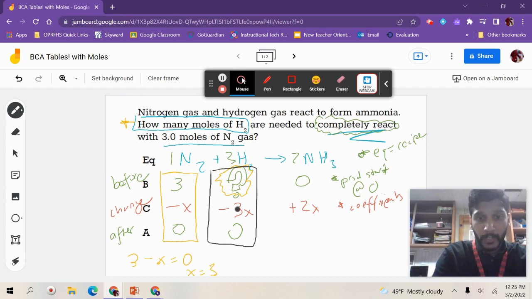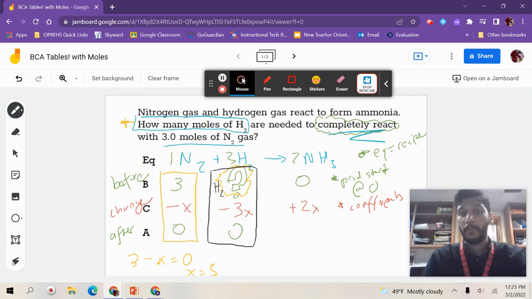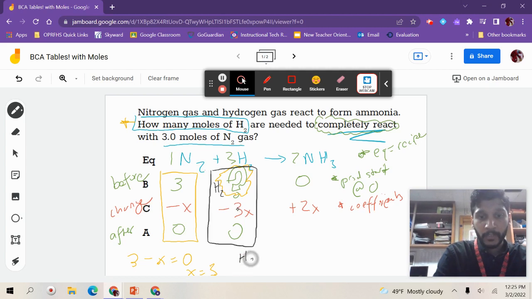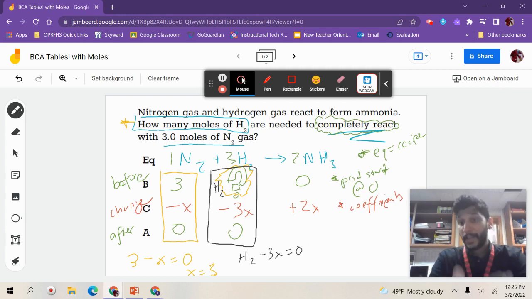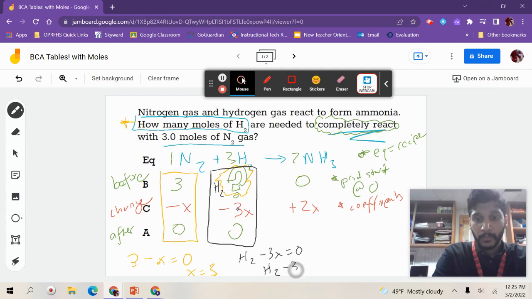For our question mark, let's just put this as the label hydrogen, right? So we want to find out our initial amount of hydrogen. I'm going to write this equation down here. Hydrogen is going down by 3x to get to 0. We know what X is now, right? So we know X is 3, so we're just going to sub in 3 for that. H2 minus 3 times 3 equals 0. So we've got H2 minus 9 equals 0.